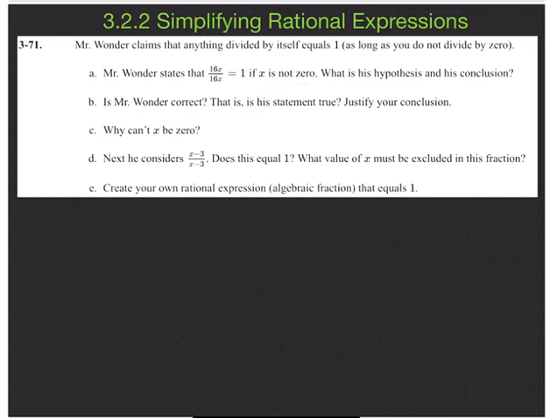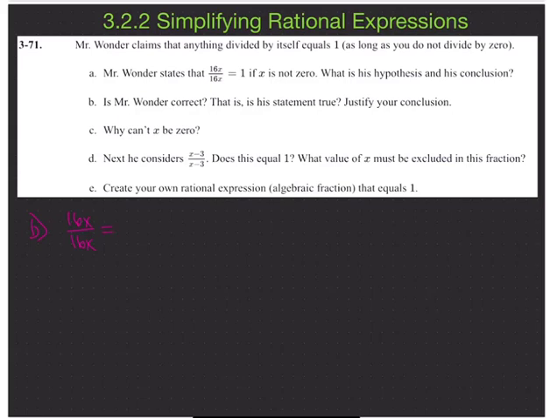So B wants to know if he is correct. He wants to know if his statement is true and to justify your conclusion. So for B, we have 16x over 16x. I think maybe by now we realize this is 1, but I'm going to break it apart a little bit, just for lesson reasons.